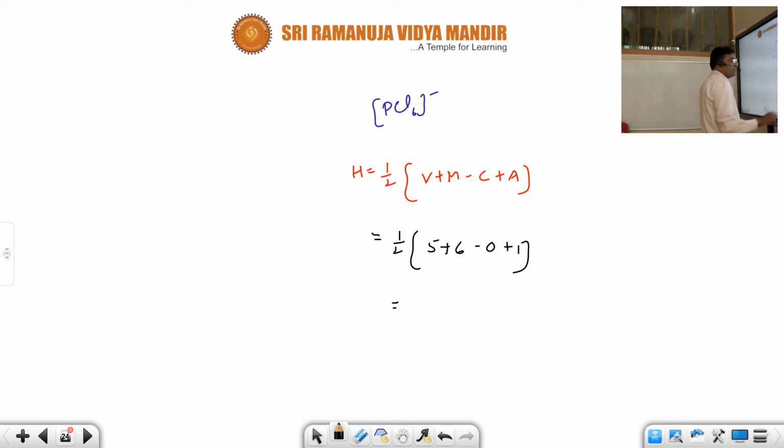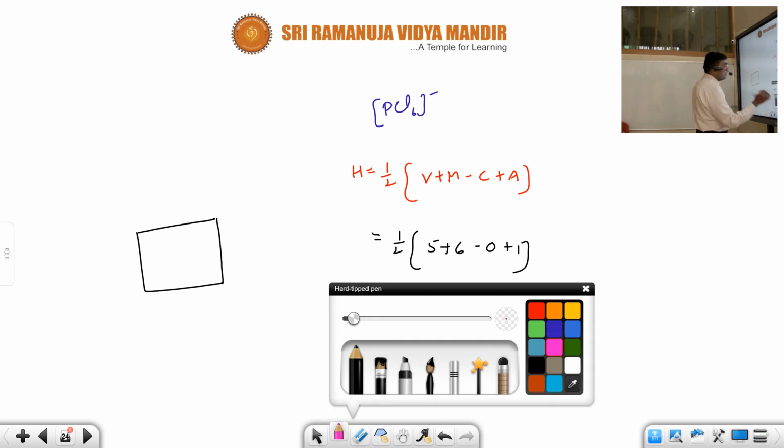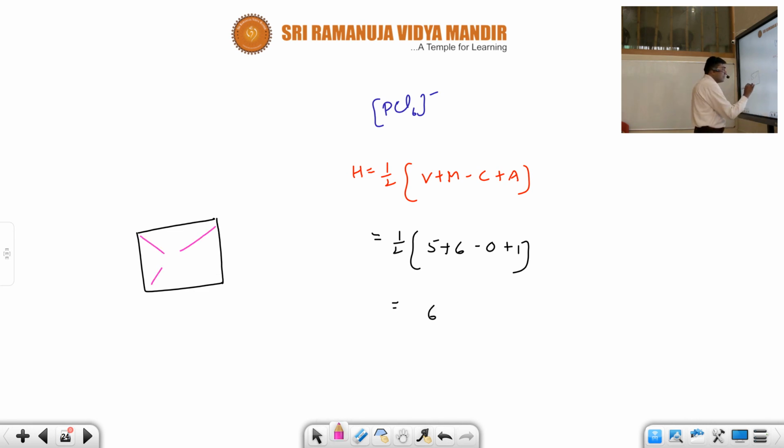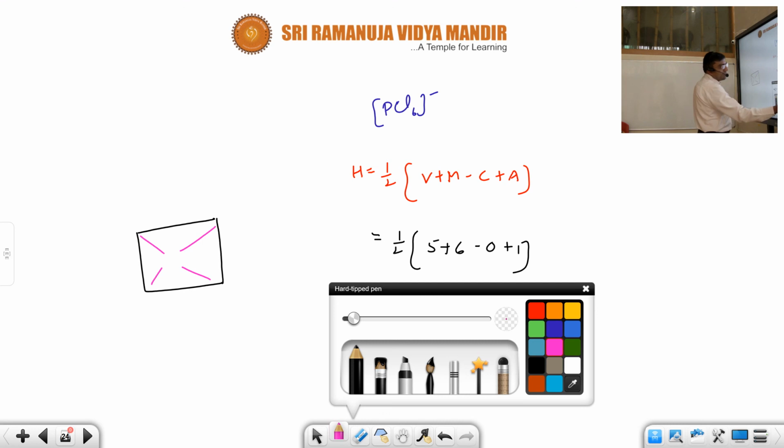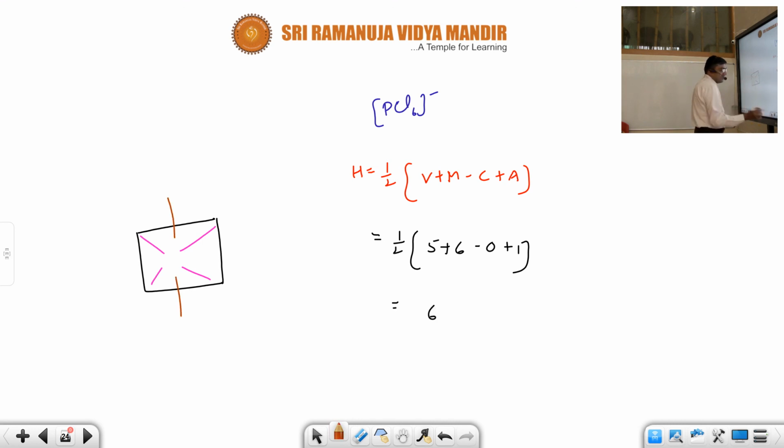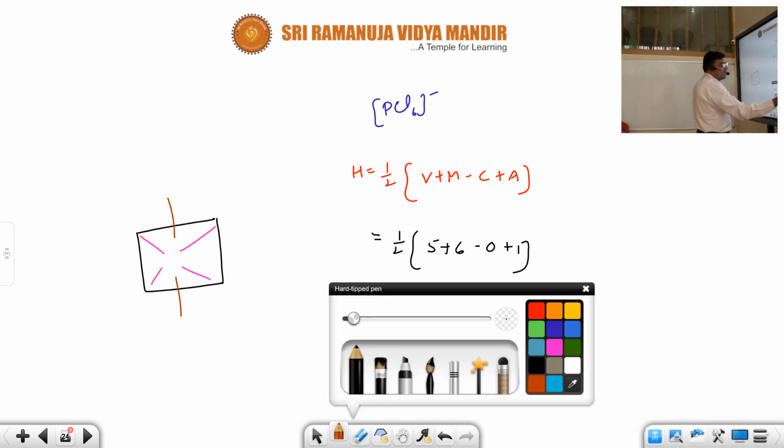So it comes out to be 6. 6 means it is an octahedron. Agreed or not? Agreed.